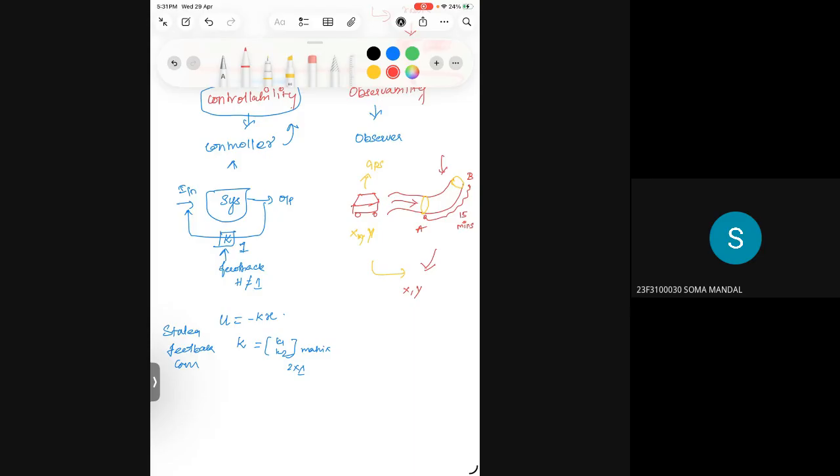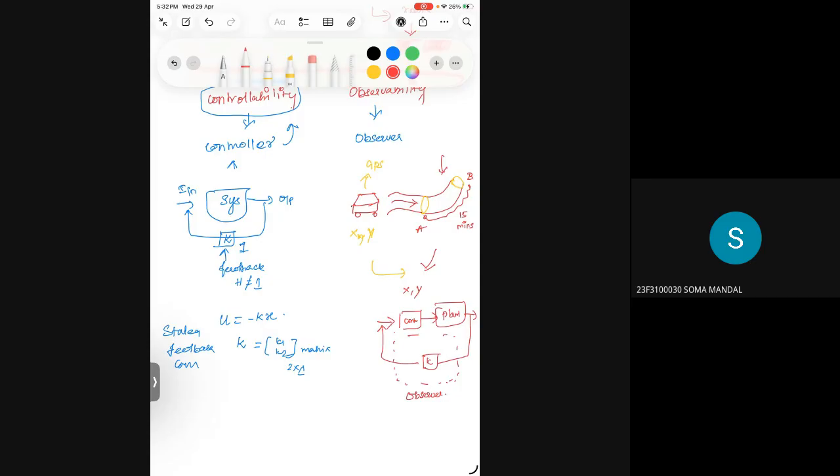You can think of the observer as a person who is sitting and monitoring things in the system. For example, you have this system, and I have this controller, I have this plant, and I also have a feedback K like this. Here I will have another person in the loop that is called an observer. This observer will tell the system the estimate of its positions, all the estimates of the states.